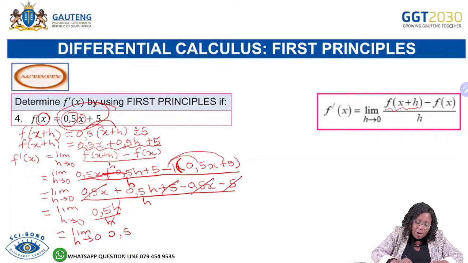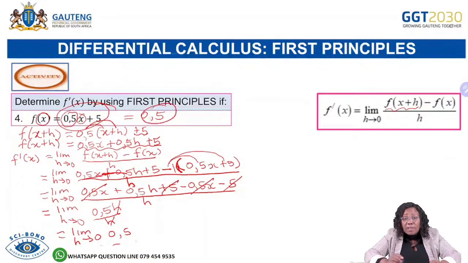And then now your answer does not have a limit, grade 12. It's only your 0,5. Is it true according to what we predicted, that our answer will be the coefficient? Yes, that is exactly the same, which is 100% true. So that is the testing, grade 12, of the answer. So now you are guided to the correct answer there.